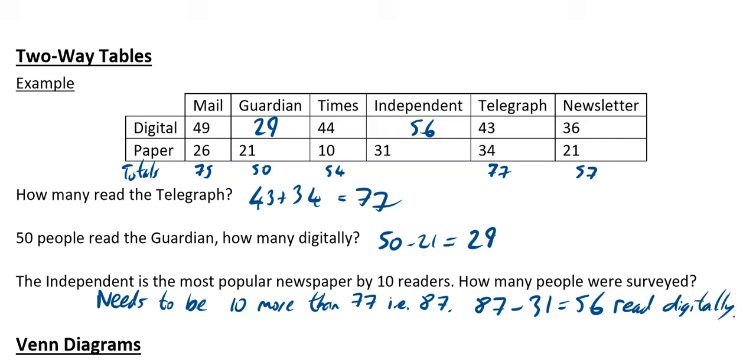What the question actually asks you for is how many people were surveyed. So we can just total the 56 and the 31, which gives you 87, and then work out your overall total.